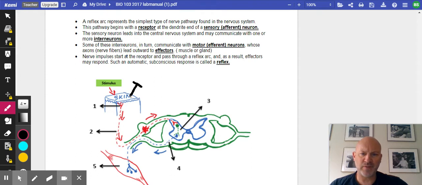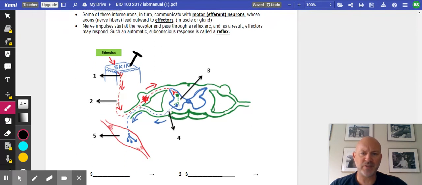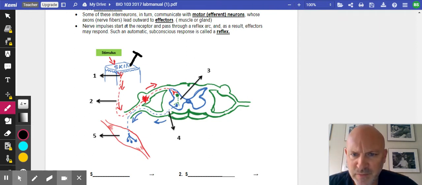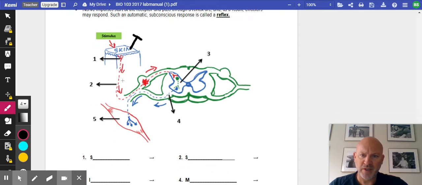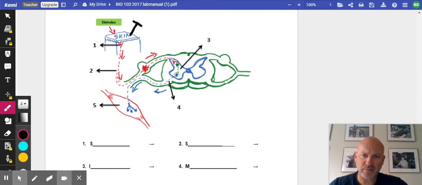Well, you have specialized cells in your skin, receptors in the skin that would pick up the stimulus. These receptors would then pass the stimulus onto a nerve like this one. All right, so here we have the stimulus. This gets passed on to a very specific kind of nerve that brings information in. This is a sensory nerve.